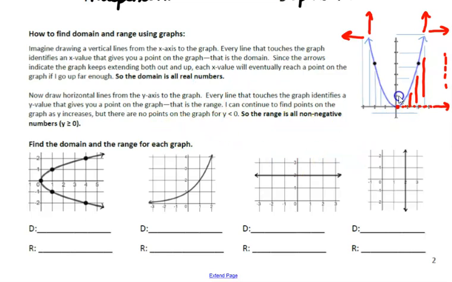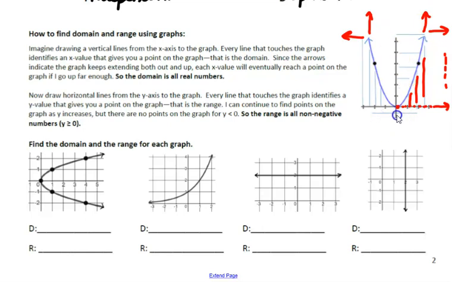Now, if I'm looking at the y value, now I'm looking at the y-axis here, and I'm going kind of sideways out, and I'm thinking, okay, which y values correspond to some point on the graph? Well, I can see that 0 goes with 0. If y is 0, then there's a y value 0 on the graph, and I can see that all of these parts of the graph have positive y values, and the graph keeps going up forever, so it looks like I could pick any positive y value and it would correspond to some point on the graph.